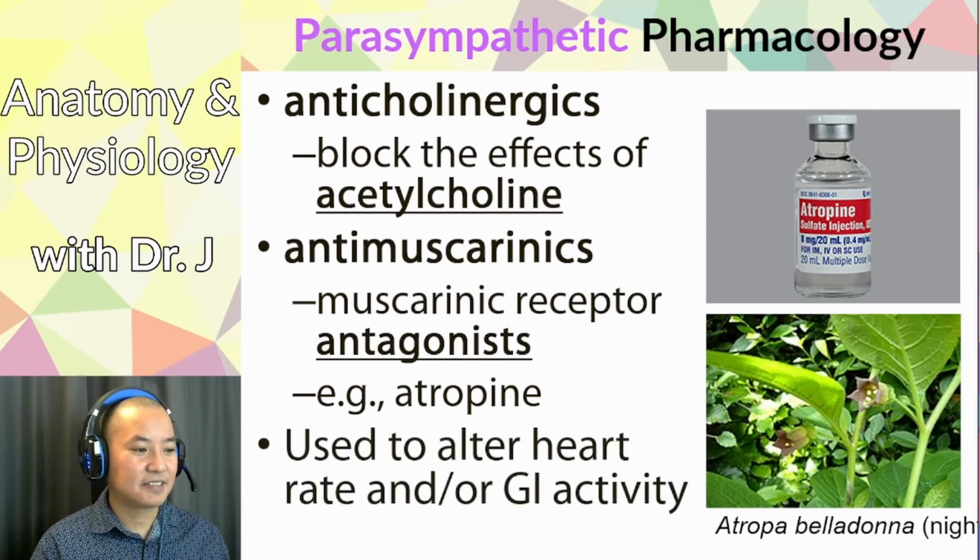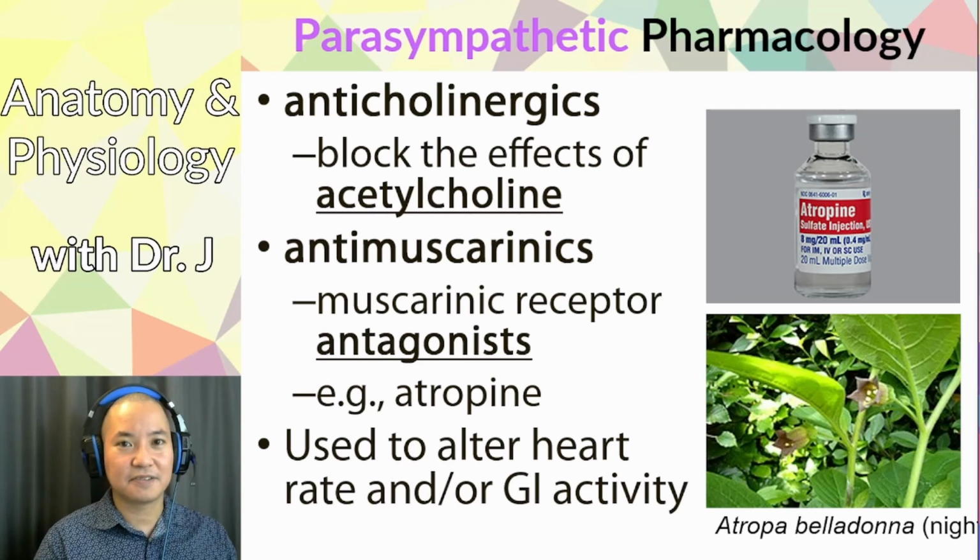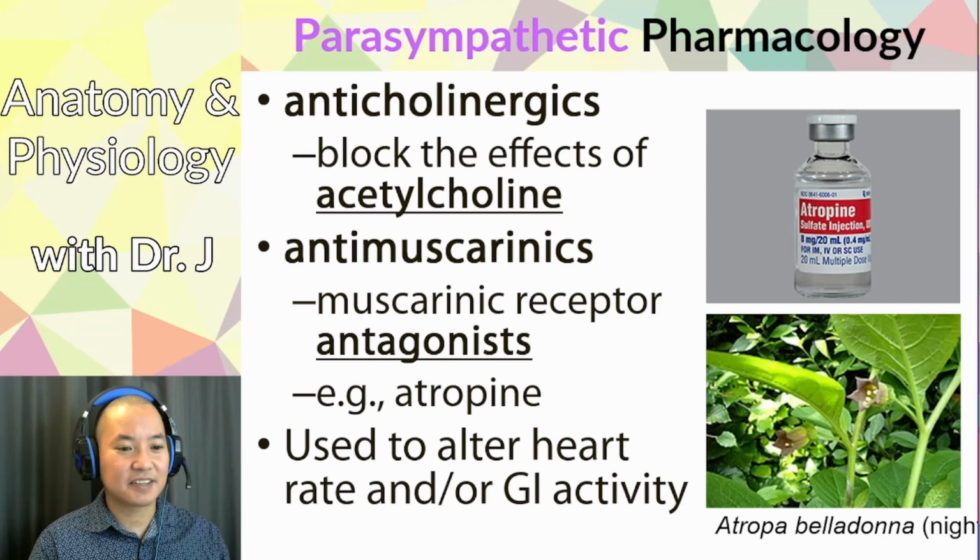Well, maybe I want to use it if we have too much cholinergic activity, too much acetylcholine, or say we want to increase heart rate, because parasympathetic is going to decrease heart rate. So we might add atropine in certain situations, or say we're doing gastrointestinal surgery, something on the stomach, and we want to reduce gastrointestinal motility, or say we have too much saliva.